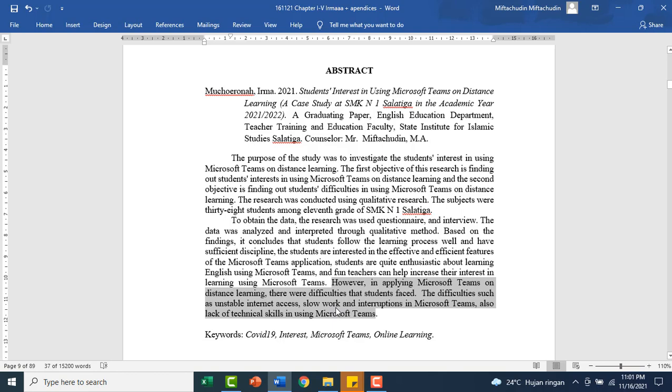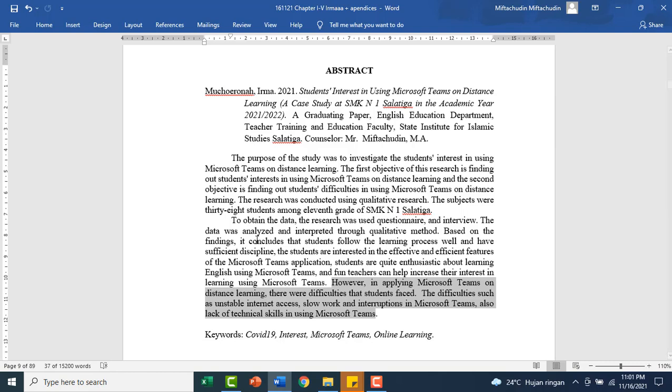So we explain in order based on the sequence, and then we only put the main thing or something that we emphasize, and we think that this is the most important: talking about the purpose, talking about the methodology, talking about the findings, that's all.